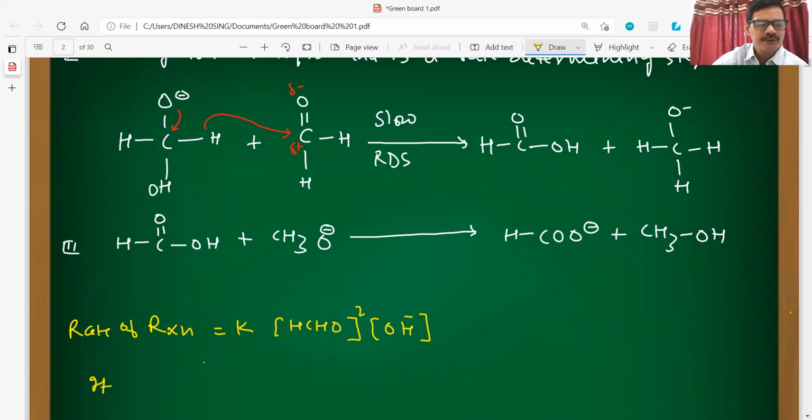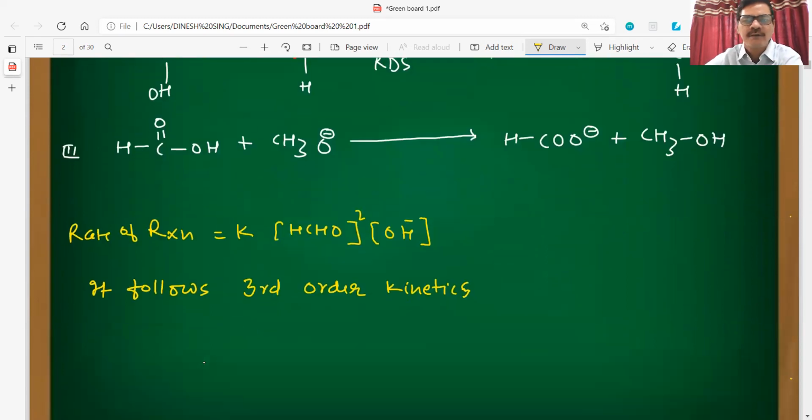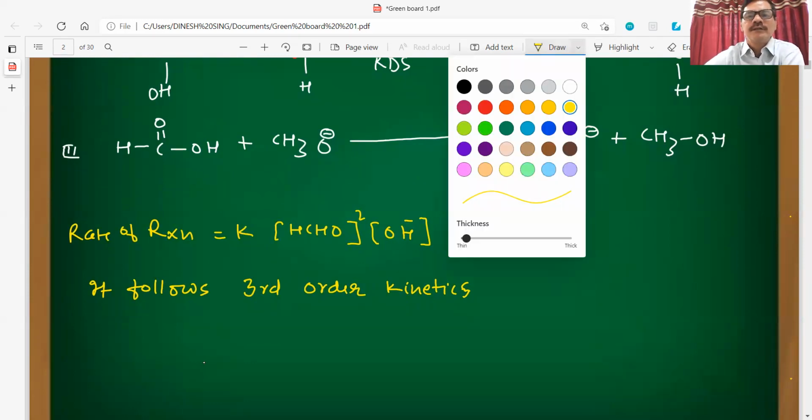So it follows third order kinetics. So this is the overall rate of reaction, and this is the kinetics of the reaction.